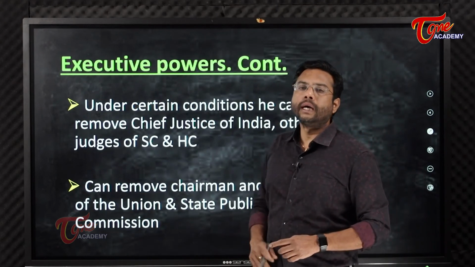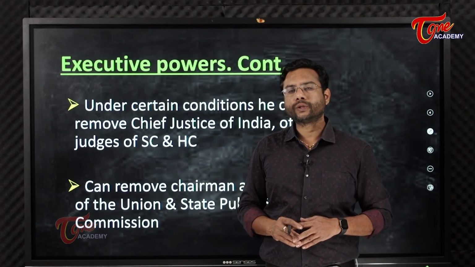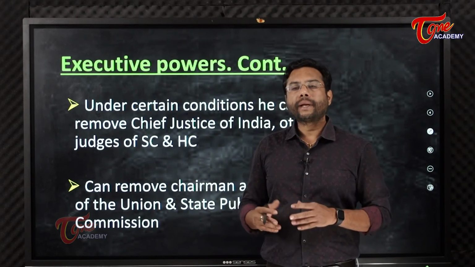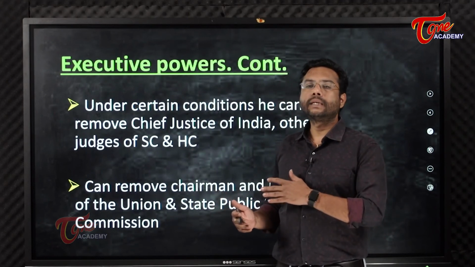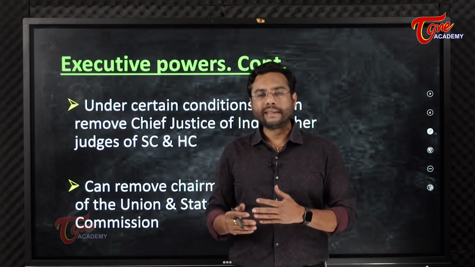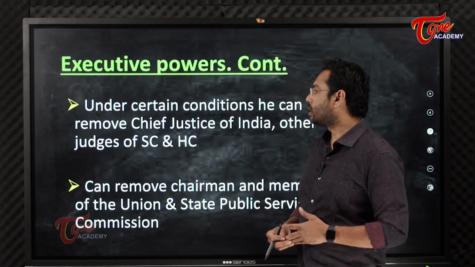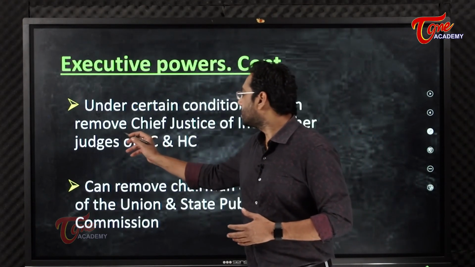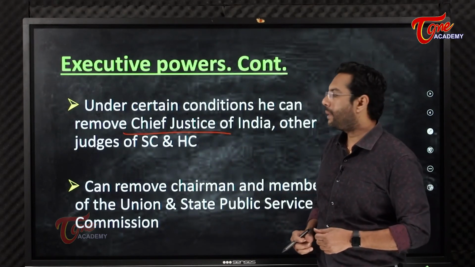So as we know, the President appoints various dignitaries of the Constitution. At the same time, the President also has power to remove them. As we said, the President could remove all these dignitaries following certain provisions mentioned in the Constitution. So as we know, the Chief Justice can be removed by introducing a bill in the parliament.